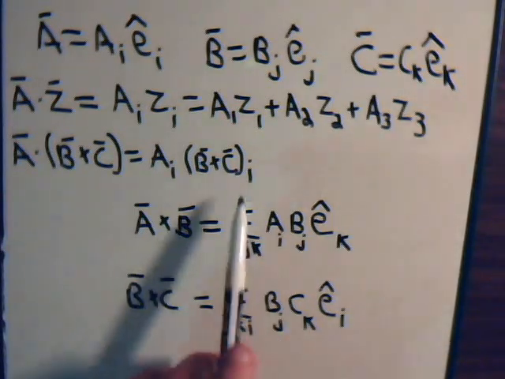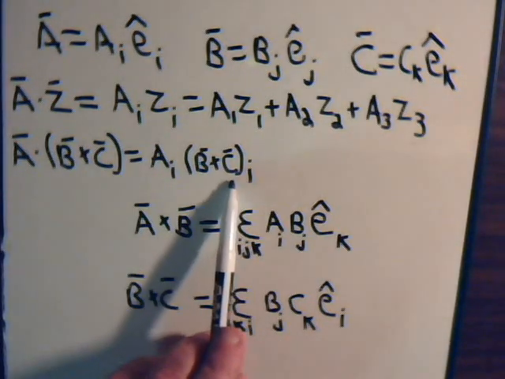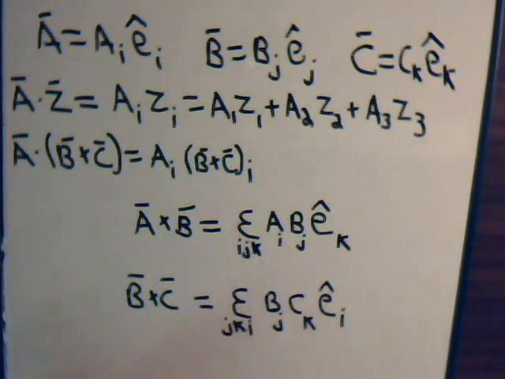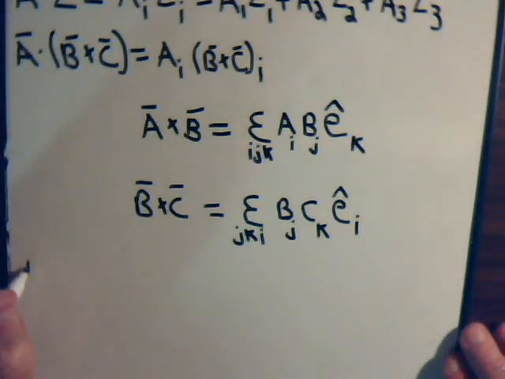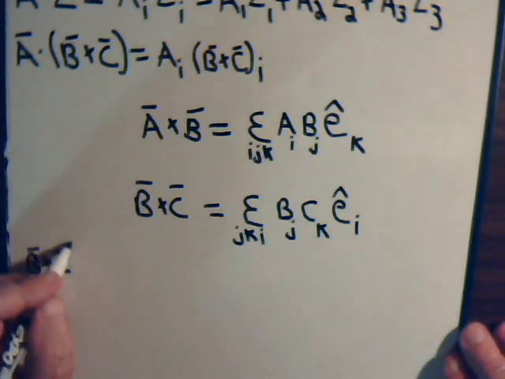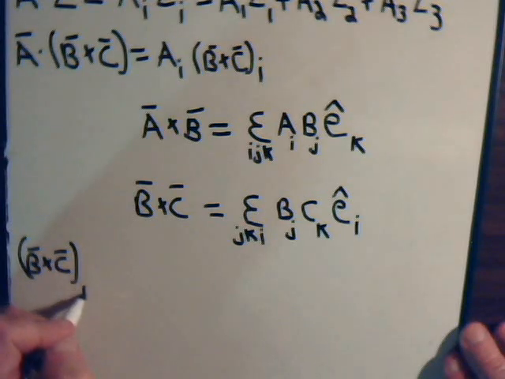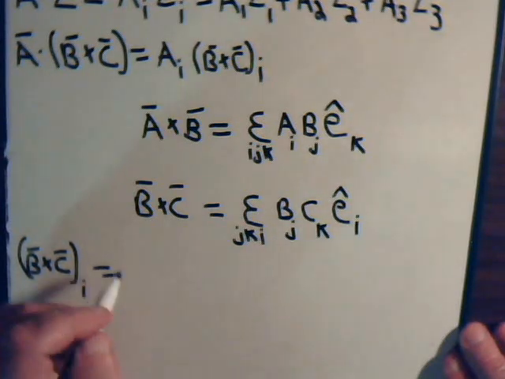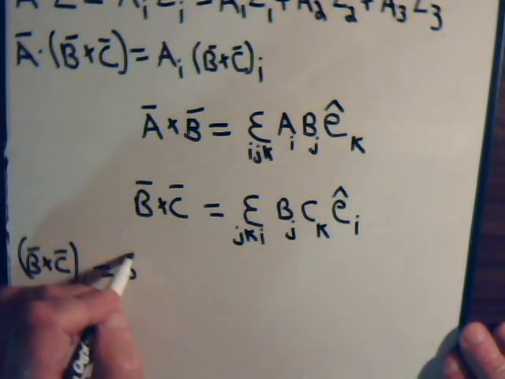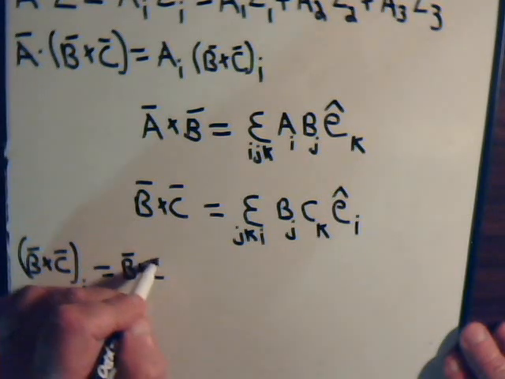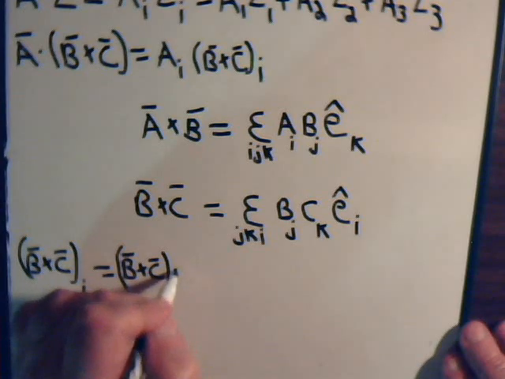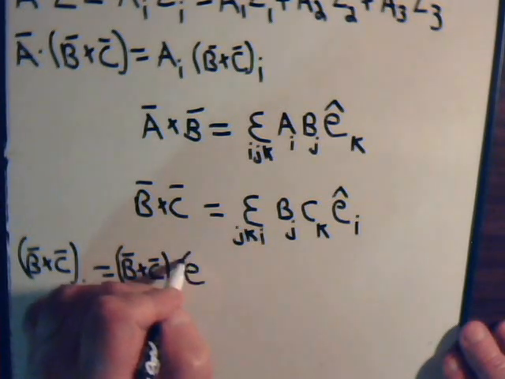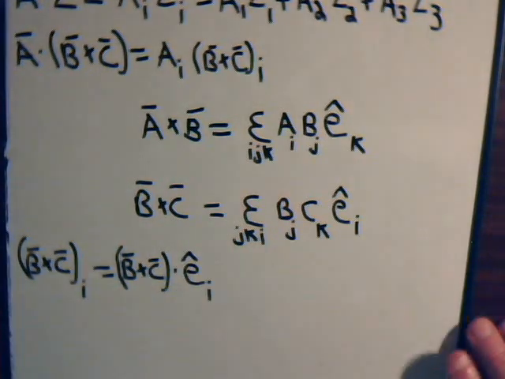But we want the ith component of that vector B cross C. An ith component of it is just equal to the vector B cross C, then take the dot product of it with a unit vector EI.